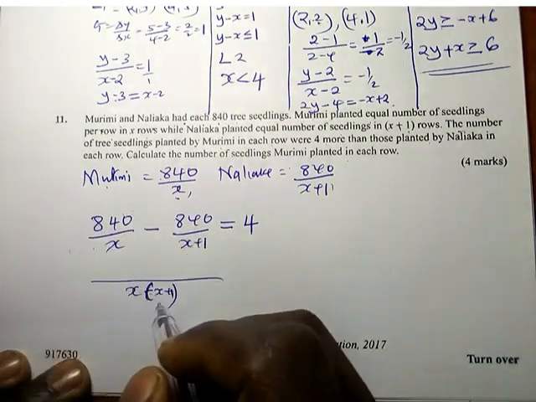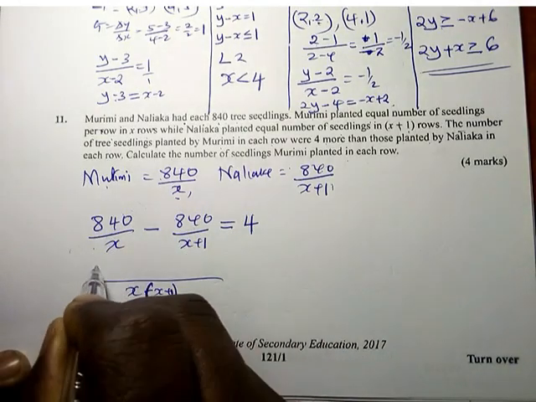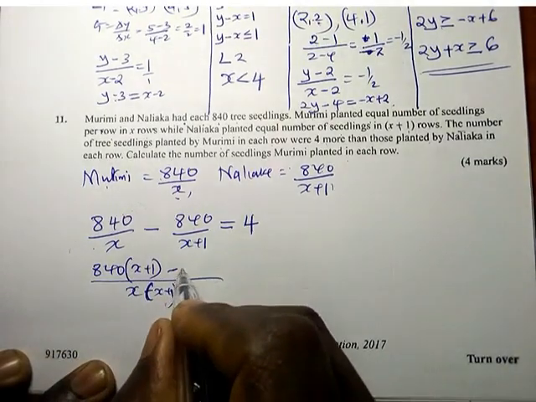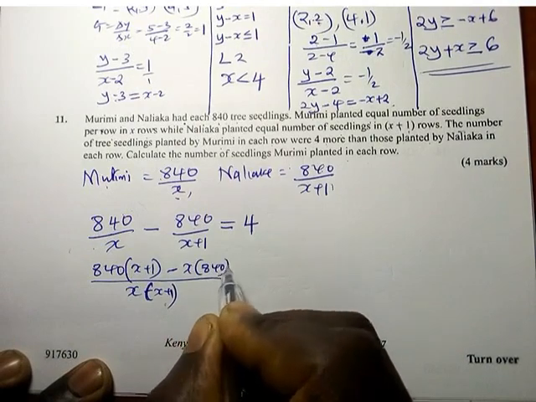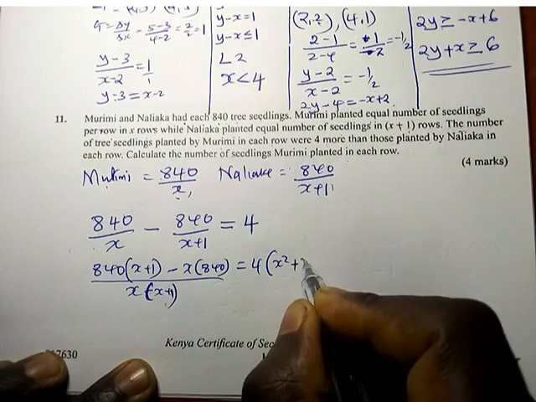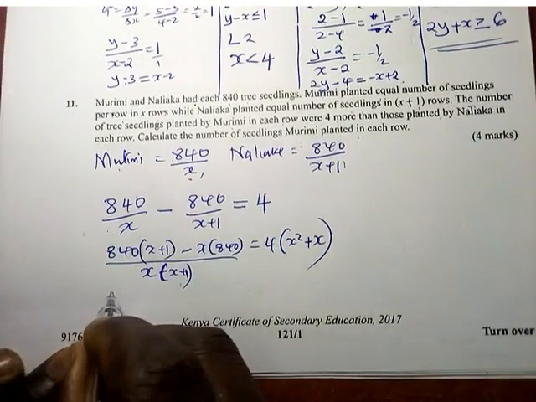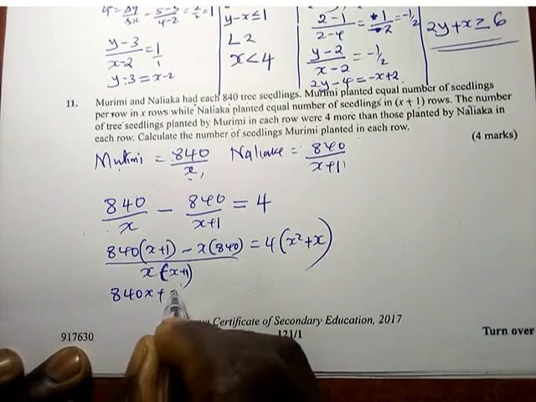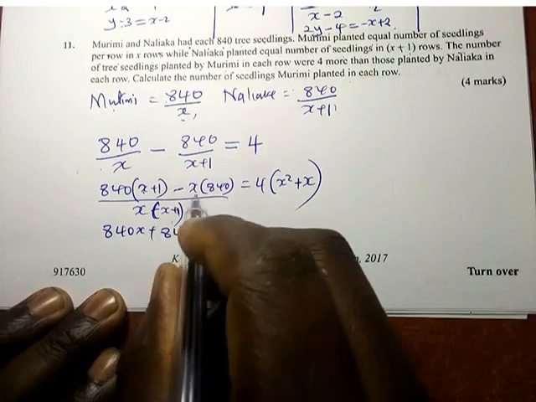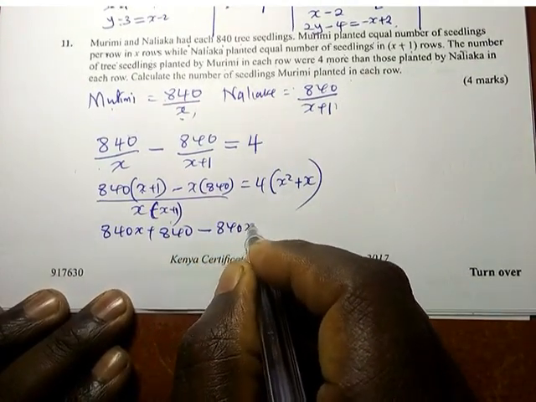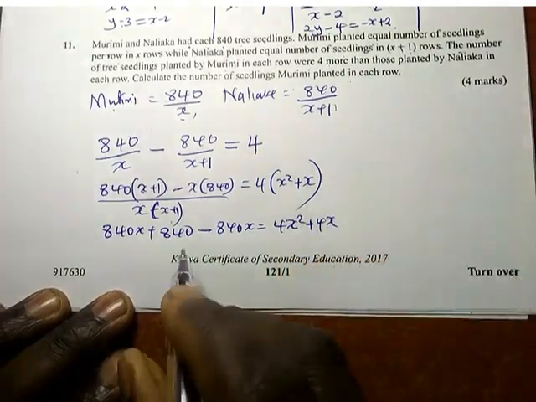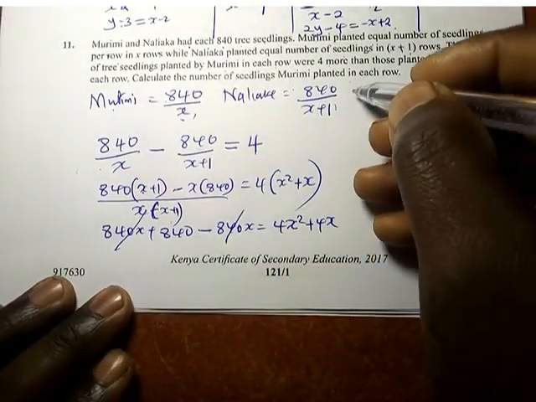So if we multiply the LCM here, we will have 840 into x plus 1 minus x into 840 equal to 4 into x squared plus x. 840x plus 840, I'm opening this bracket, minus 840x will be equal to 4x squared plus 4x. So this and this will finish, will die like that.